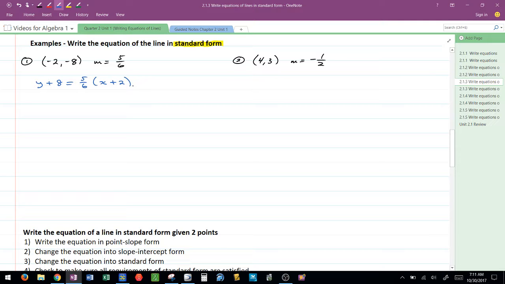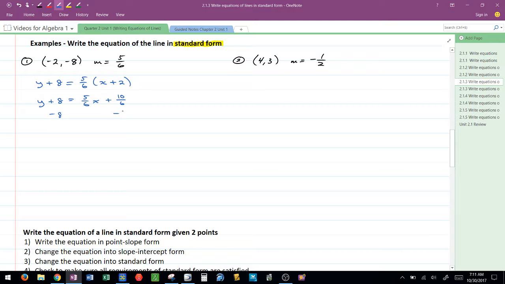All right, I'm going to change this over to slope-intercept. Y plus 8 equals 5/6 x plus 10/6. Now, I can simplify 10/6. I'm not going to yet. Just trying to save myself a little bit of work here and there. To get y by itself, I have to subtract 8.